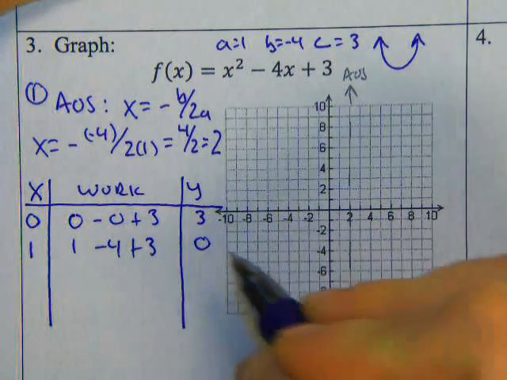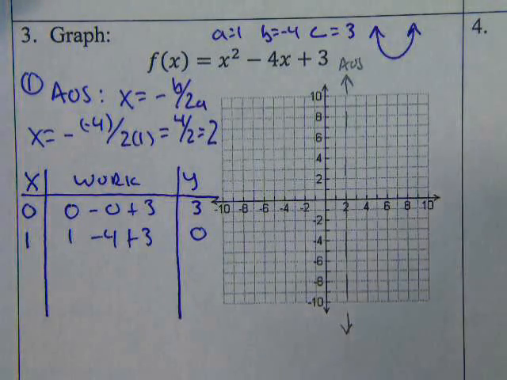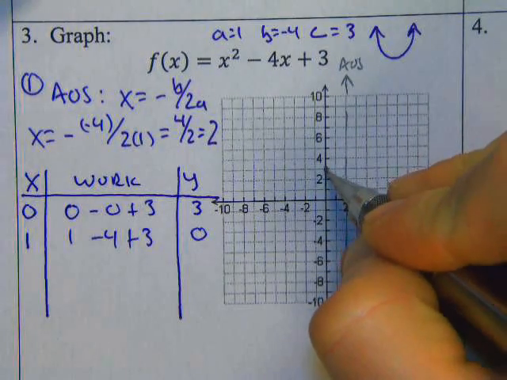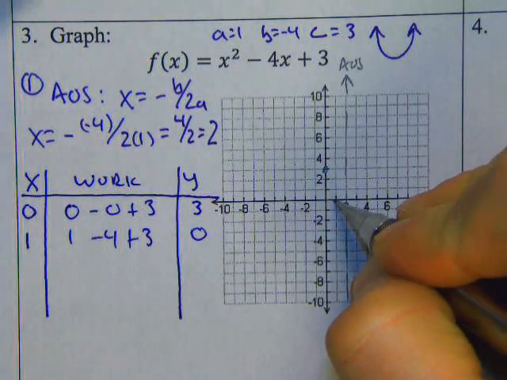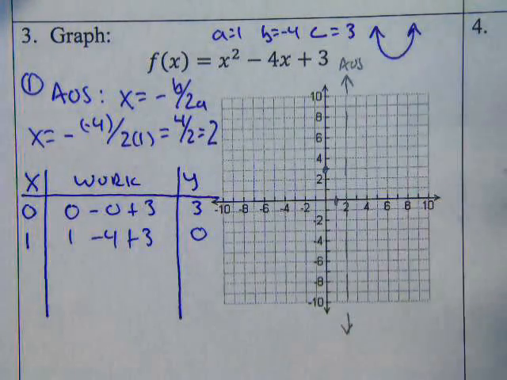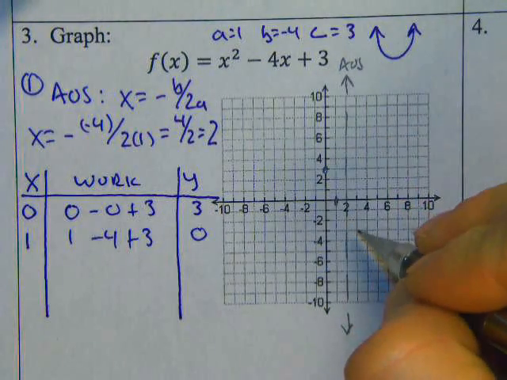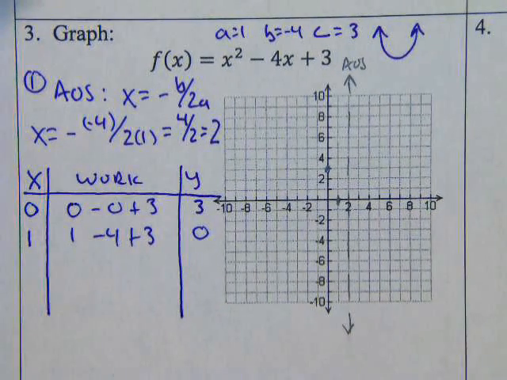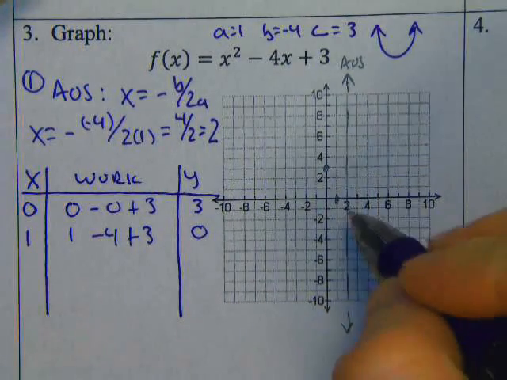Okay, so now I'll graph those and see if I can start to get a picture of this. 0 and 3 right here, and 1 and 0 right here. So I'm starting to get this shape here. I'm going to look for the axis of symmetry. By putting in 2, I know that the axis of symmetry is going to go through that point, x equals 2.